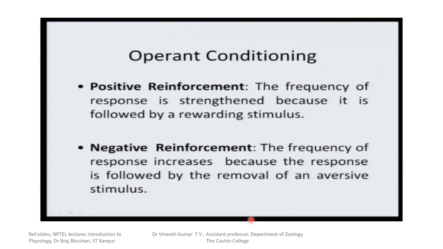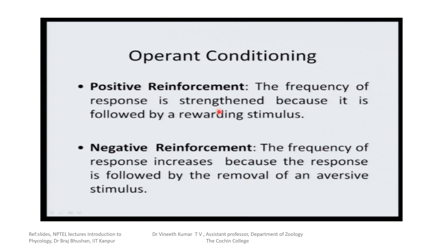That means whenever the shock is given, after 5 to 6 trials, it will show the behavior. It will go and touch that particular switch, so that the shock is removed, and that is what is called negative reinforcement. Here the frequency of the response increases. The response here is going and switching off the shock, or pressing the lever so that the shock is absent, because the response, that means switching off, is followed by removal of an aversive stimulus, that is shock.